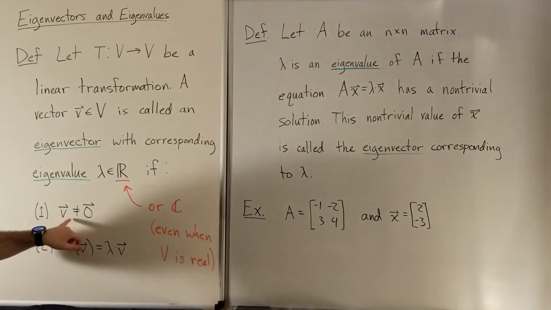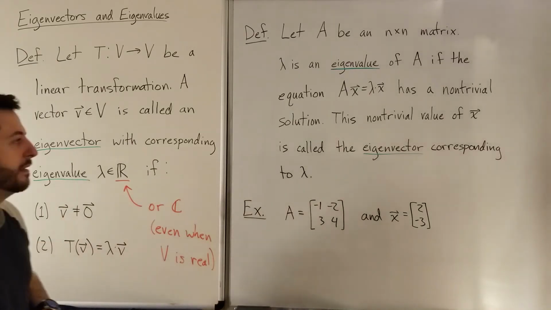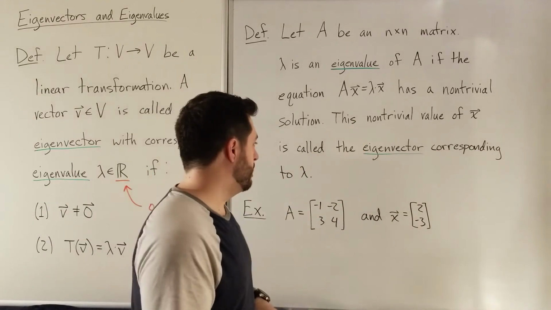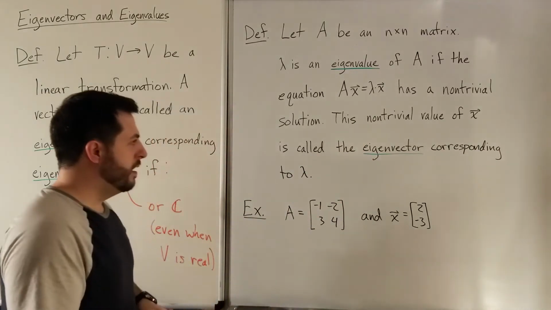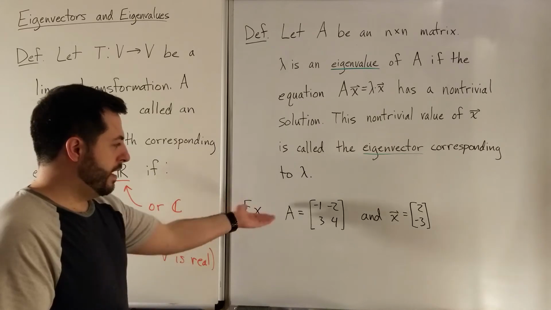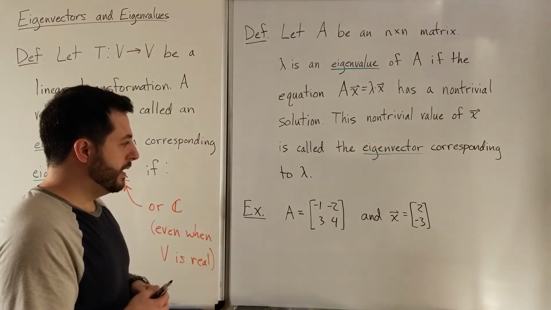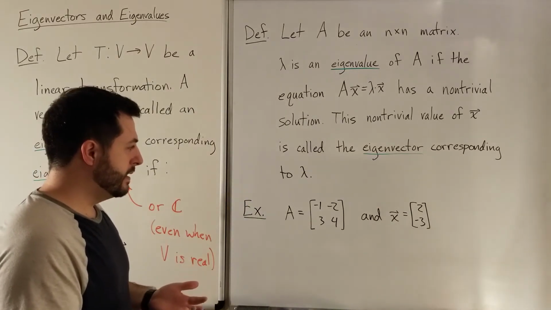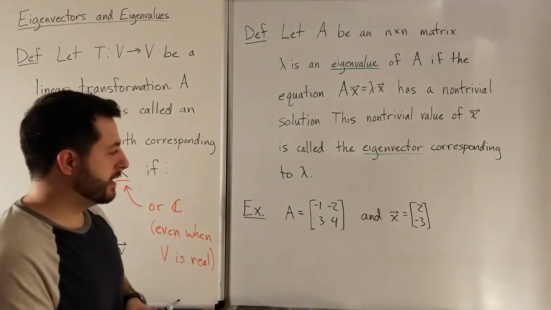So it's the same thing as this first condition here. The vector, which is called the eigenvector, is not allowed to be 0. Okay, that's exactly what this last sentence says. So we have an example now of a concrete matrix and a corresponding eigenvector.